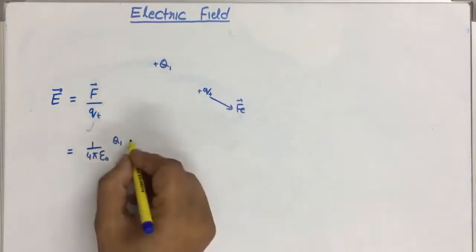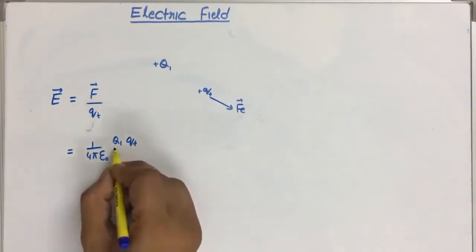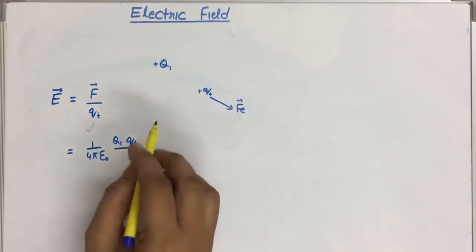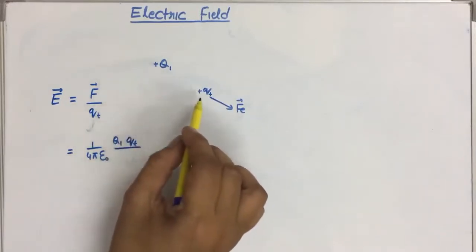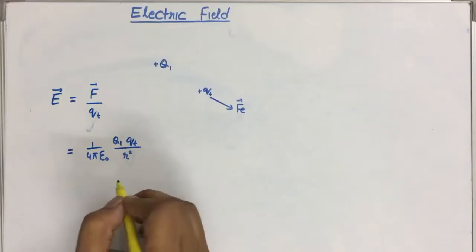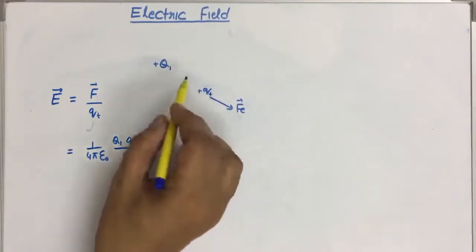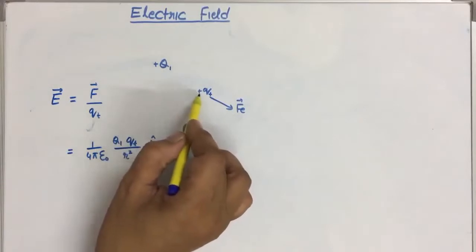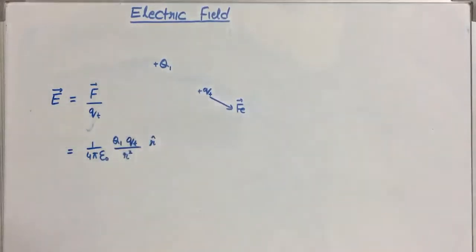Again I have written Q2, so Qt is our test charge, divided by the distance between the source charge and the test charge. For example, R square in the direction of R. This is R, and in the direction of radial vector R.